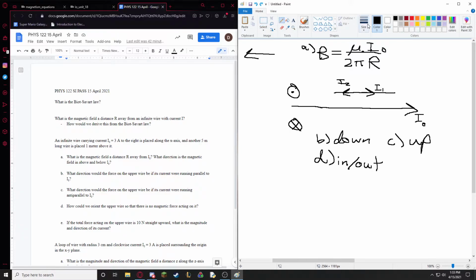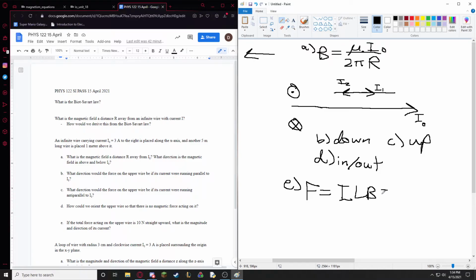So, we know that the force is equal to ILB sine theta. And let's just say theta is 90 degrees, so sine of theta is 1. And we're given the force. And we want to find the current, right?